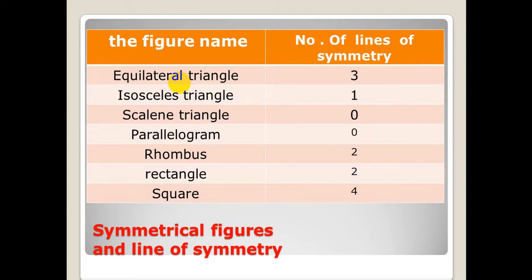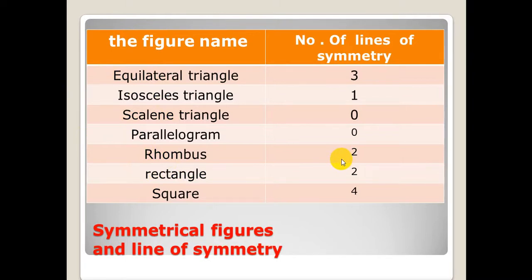Parallelogram, can we divide it into 2 congruent parts? No, we can't divide. It will be 0. Rhombus, 2 lines. And rectangle, also 2. Rhombus and rectangle have 2 lines of symmetry.